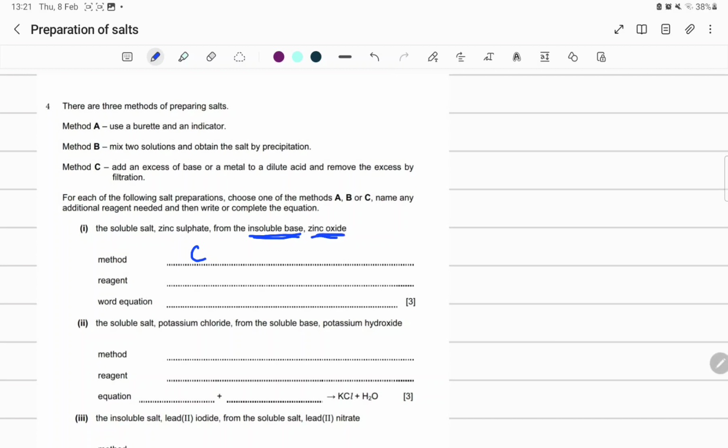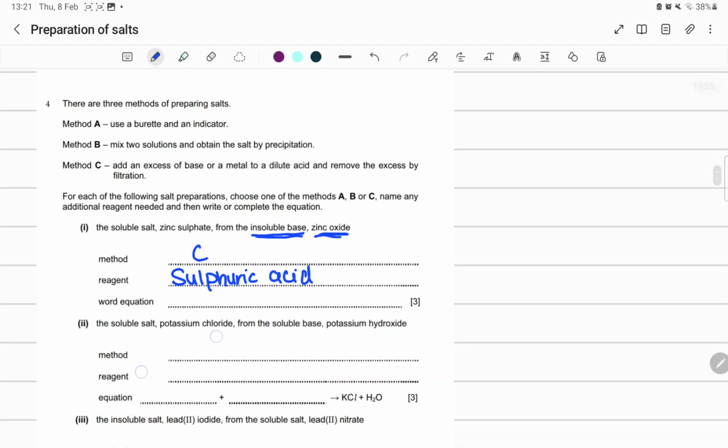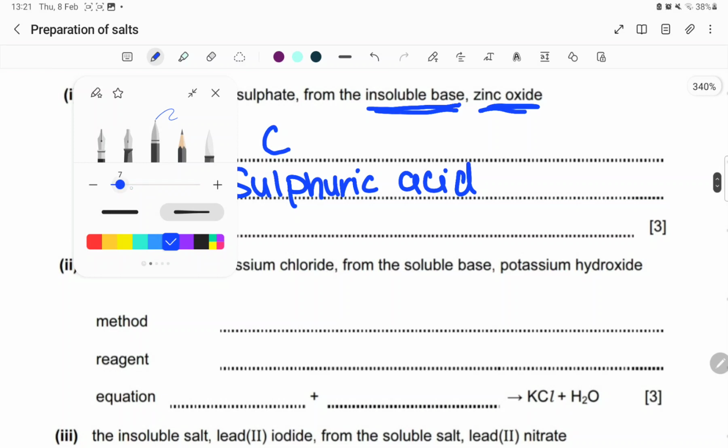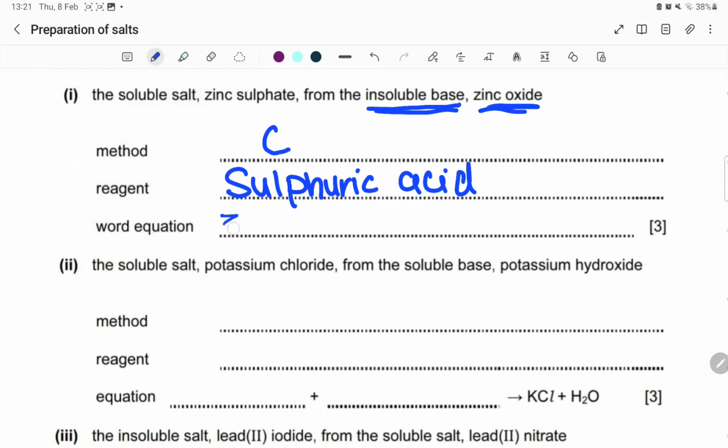We already have zinc oxide as one, and to form zinc sulfate, you're going to need the sulfuric acid. So that is your reagent. And the word equation. So we know we have zinc oxide plus sulfuric acid.